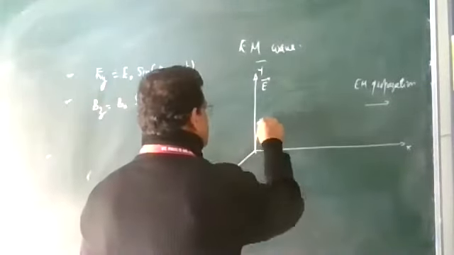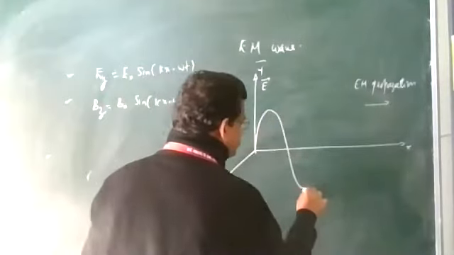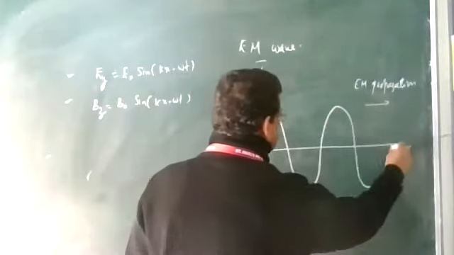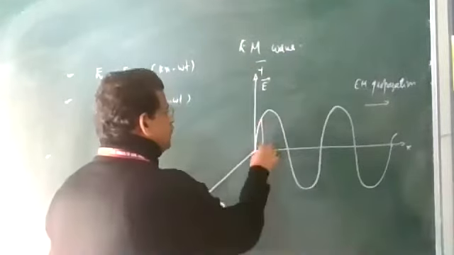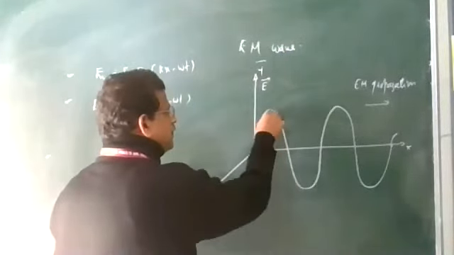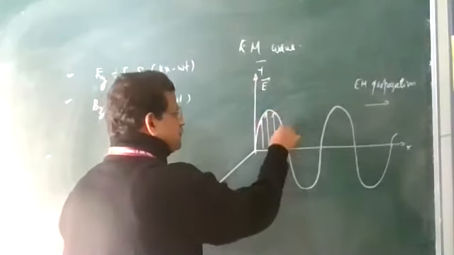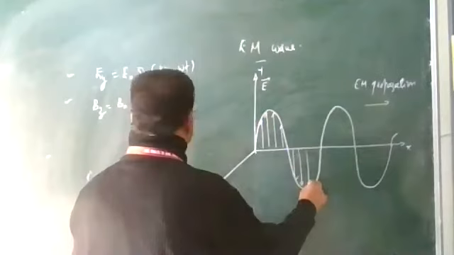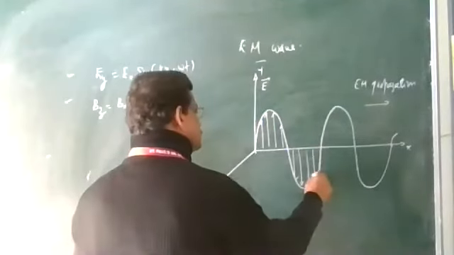So the electric field is varying like this. This is the variation of the electric field, the electric field vibrations.